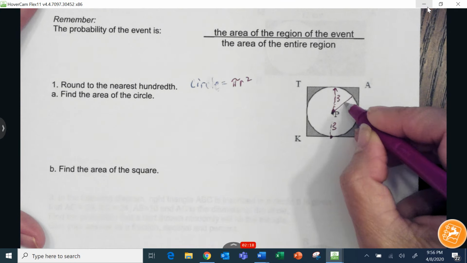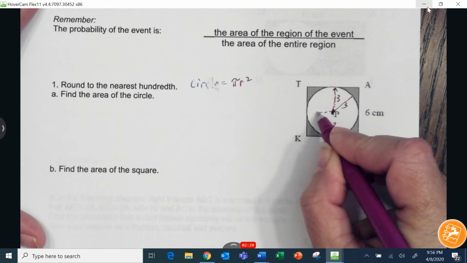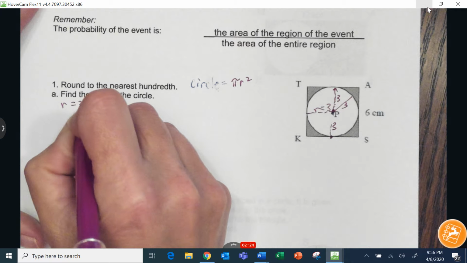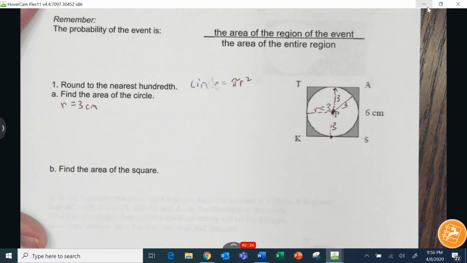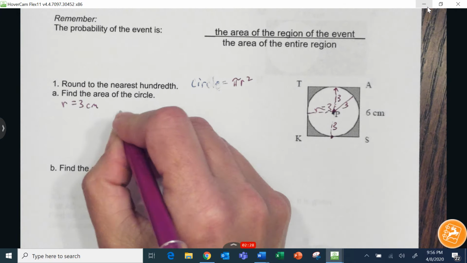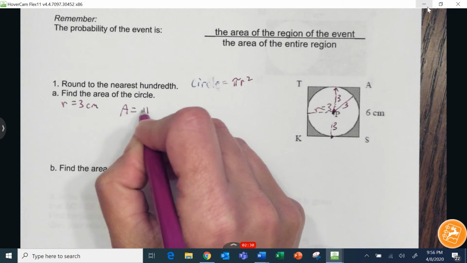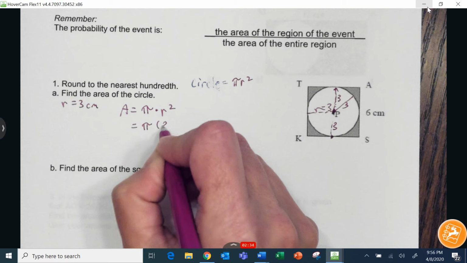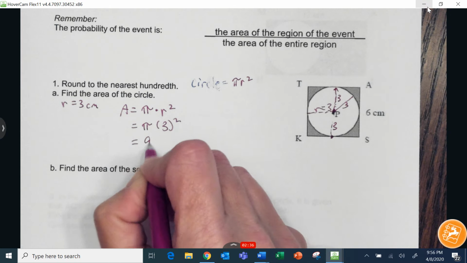So this is just telling me that no matter where I go in this circle, the radius is 3 centimeters. And then to find the area of the circle, we do pi multiplied by r squared, so we do pi times 3 squared, which is 9 pi.